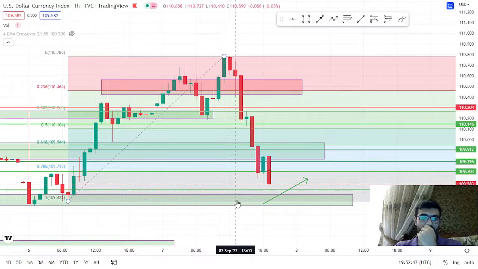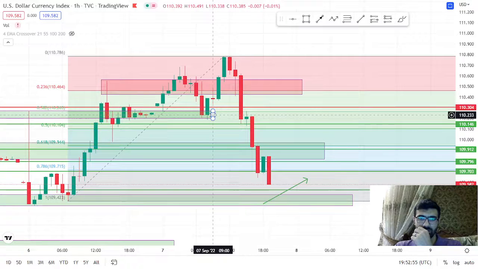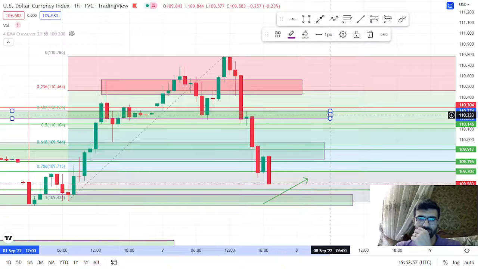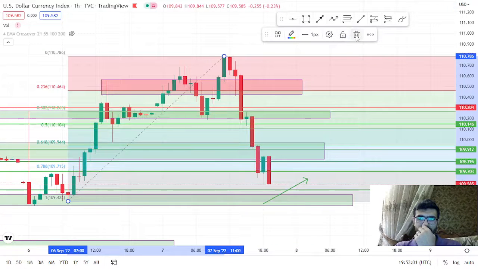This means that market is very much about to break this area, and this area would now turn into an area of resistance. Okay, so let me remove this.